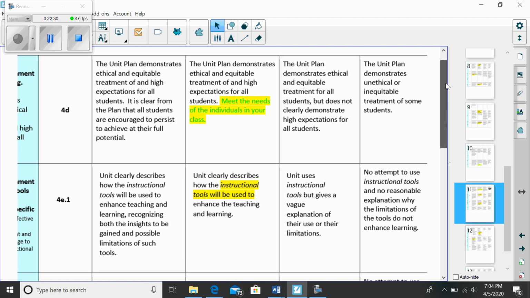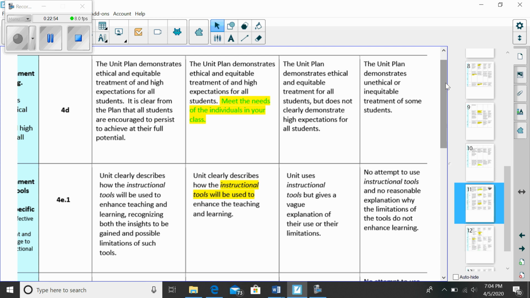So this one, again, how do you show this in a written plan? This line says, demonstrate ethical and equitable treatment of and high expectations for all students, right? How do you show that in a written unit plan? I think I will see this and be able to score you well on this if you talk about differentiation appropriately.